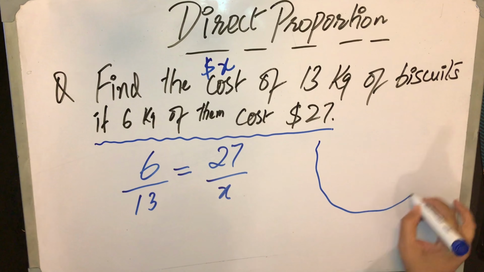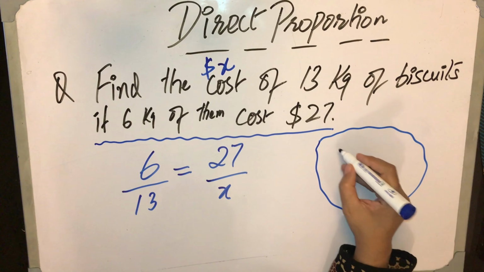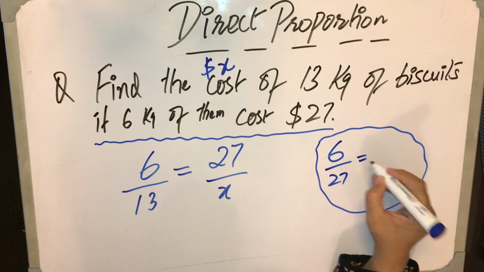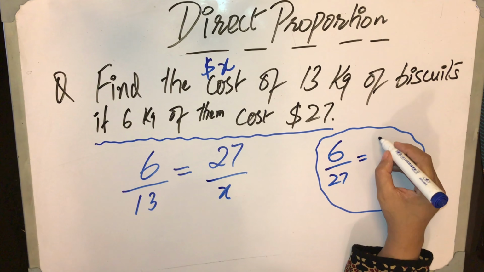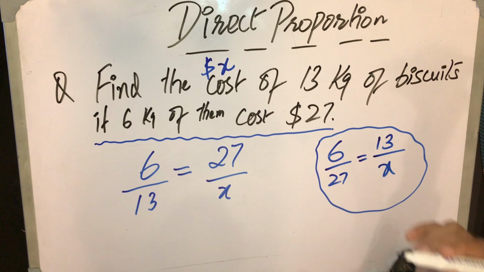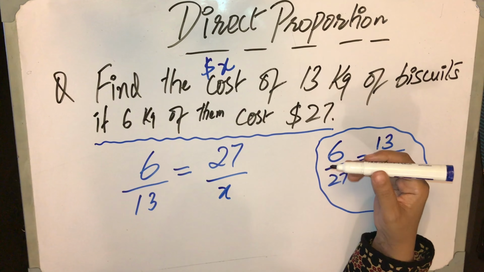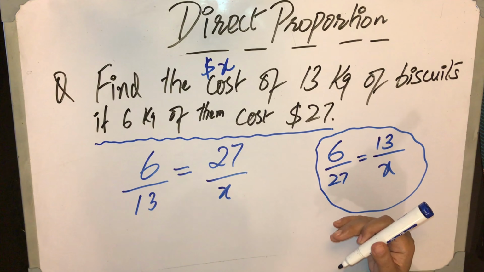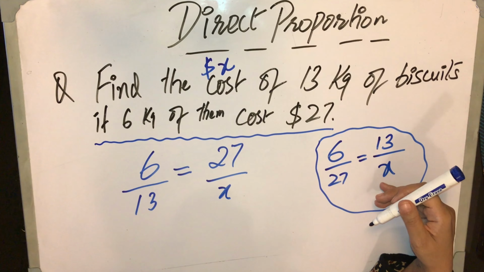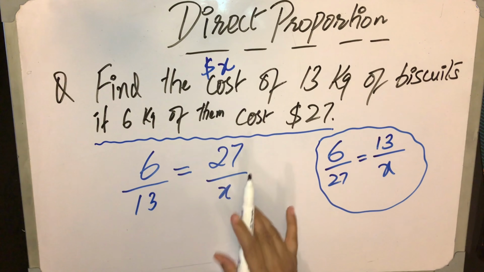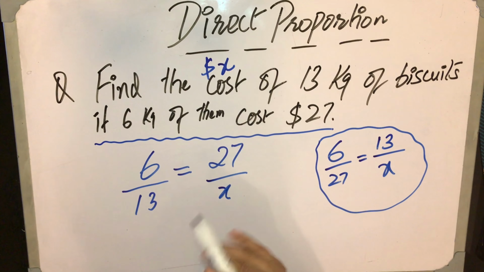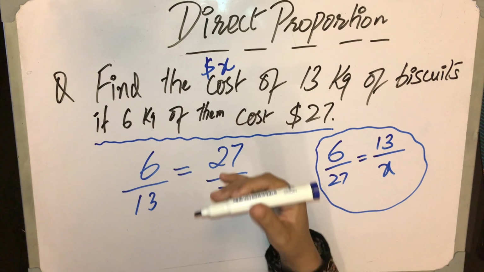We can also illustrate it like this: if the cost of 6 kg is 27, then the cost of 13 kg is $X. What is the difference between these two? The only difference is that in the first, the cost of 6 kg is below 6 kg and the cost of 13 kg is below 13 kg. Here I have taken it parallel: 6 kg cost 27, then 13 kg cost X, so kgs below kgs or cost below cost.